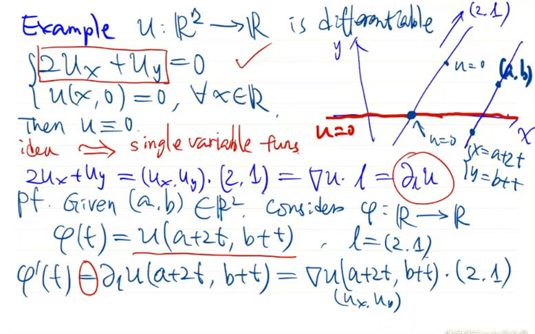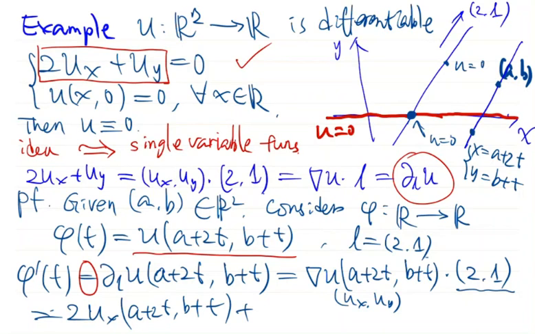Therefore, the inner product of the gradient and the direction is 2ux(a plus 2t, b plus t) plus uy times 1, with uy also at the point (a plus 2t, b plus t).